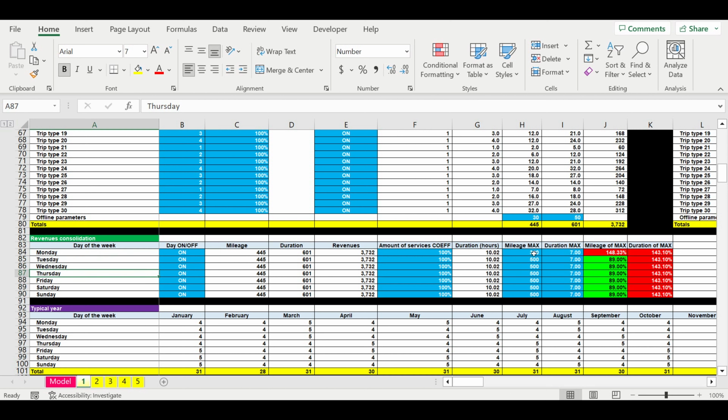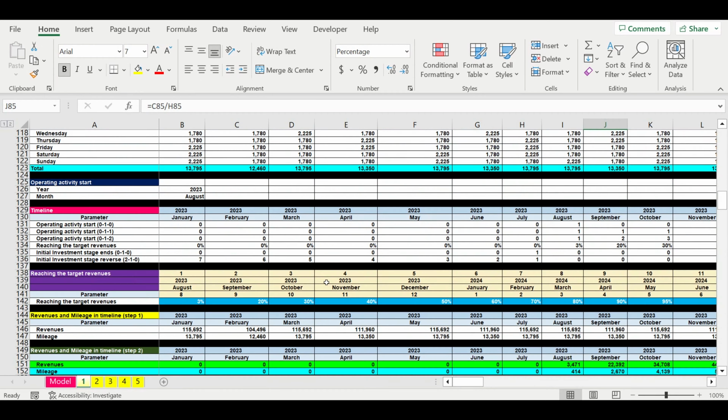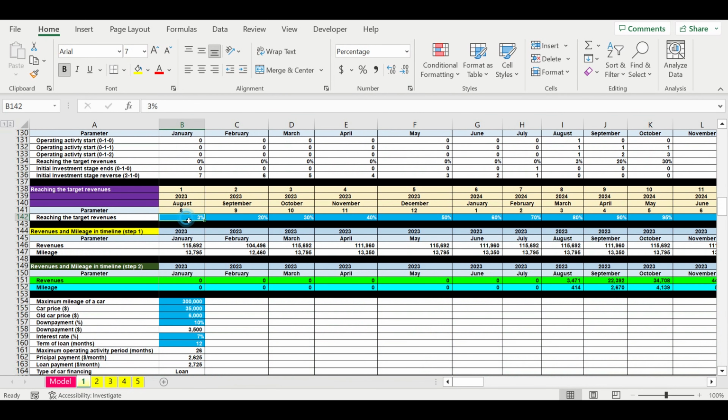And we can assign some limits for daily mileage or daily duration when we are online, to keep us operating in the world of realistic numbers. Then we specify how fast we are reaching the target revenues from the moment when we start operating activity.